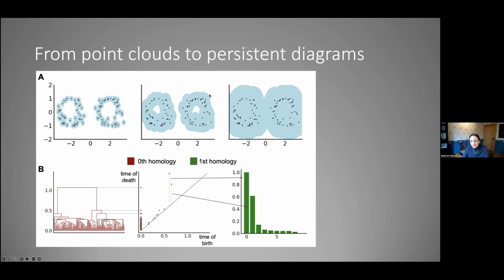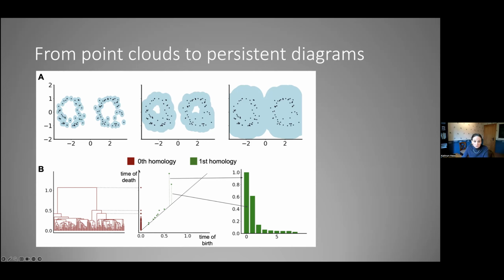What we're more interested in here is that we're looking for circular structure. We're looking at what are called homology classes of dimension 1, or otherwise these circular structures. The points in this persistence diagram correspond to: on the x-axis, what's called time of birth, the radius of the little balls at which you first see these complete circular structures appear.